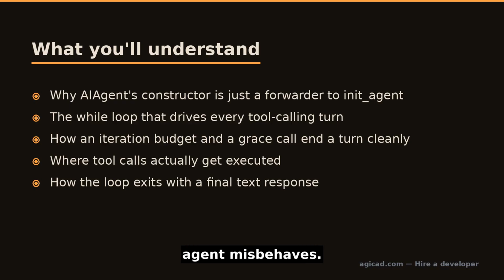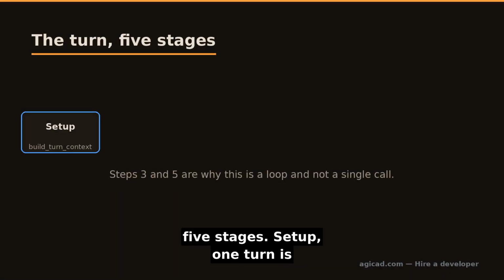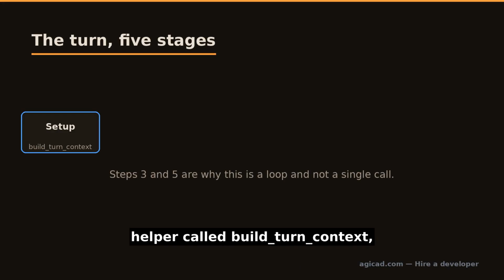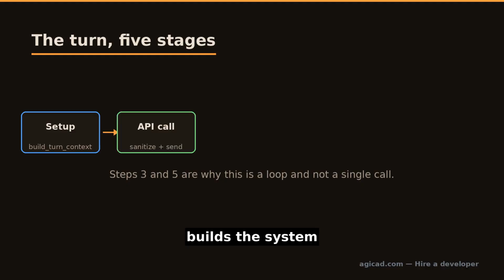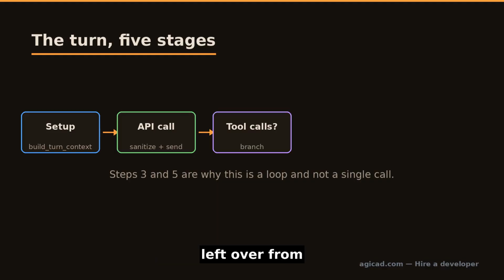Strip away the error handling, and one turn is 5 stages. Setup, handled by a helper called build_turn_context, which restores or builds the system prompt and prepares the message list. An API call to the model, after sanitizing any corrupted tool arguments left over from a previous turn. A branch: did the model ask for tools or did it give a final answer?